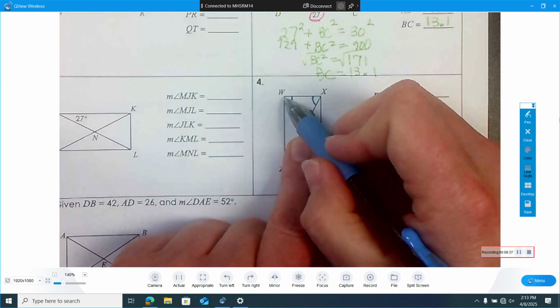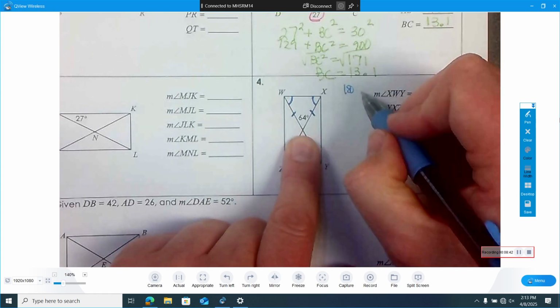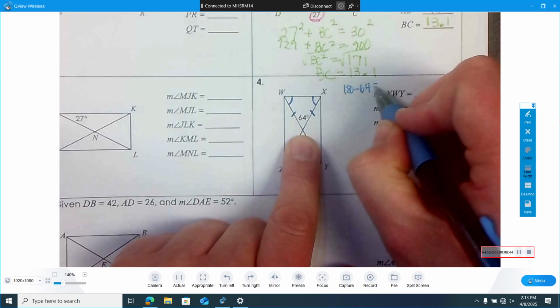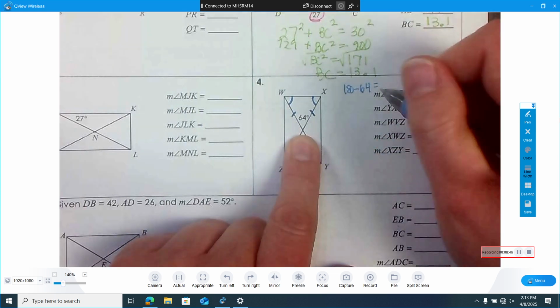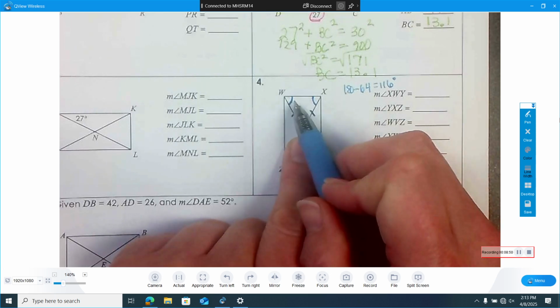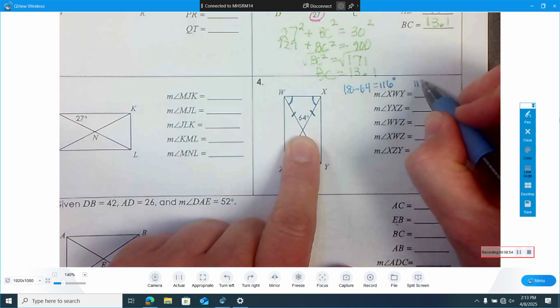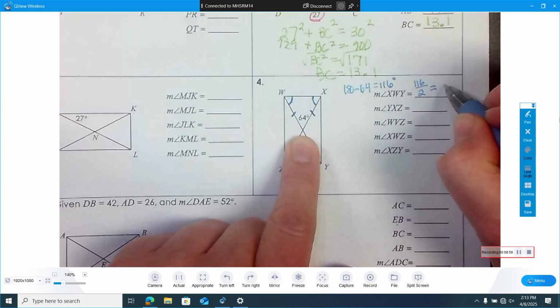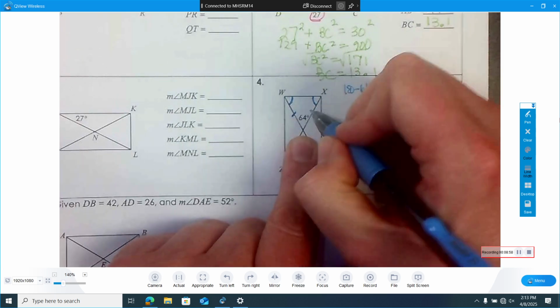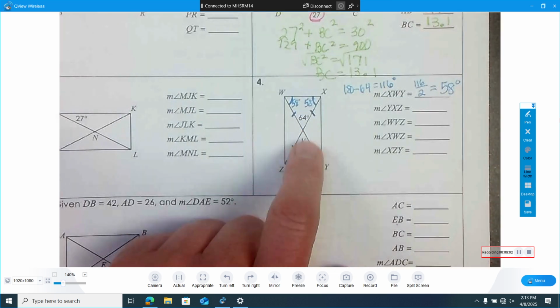In this triangle, I know that we have 180 degrees, and we're going to subtract our 64, and that gives us 116 degrees to split between these 2 little angles. So then 116 divided by 2 is 58 degrees. So each of these is 58 degrees.